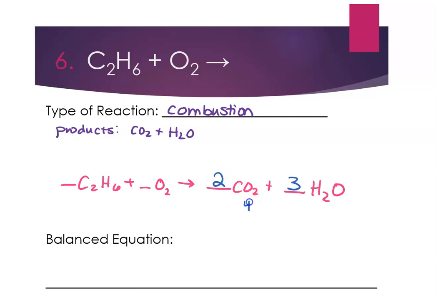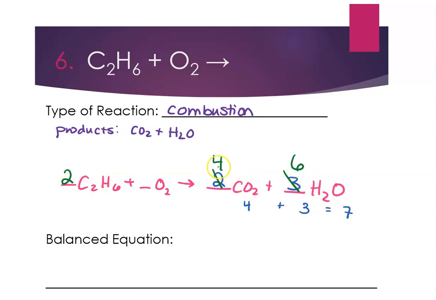So if I count my oxygens, I have 4 here and 3 here, which gives me a total of 7. 7 is not easily divisible by 2, so essentially what I need to do is just go back and multiply everything by 2. So if I multiply the C2H6 by 2, 2 times 2 is 4, and 3 times 2 is 6. So now I have 4 carbons, 4 carbons. 2 times 6 is 12 hydrogens, 2 times 6 is 12 hydrogens.